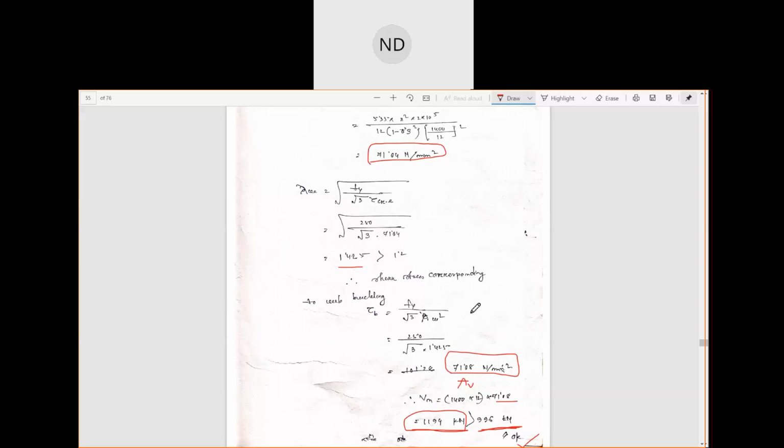The design of the load carrying stiffeners at the supports we'll do later, because I don't have the particular notes here now and I'm not able to show you.